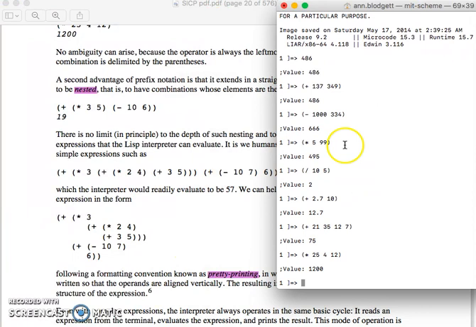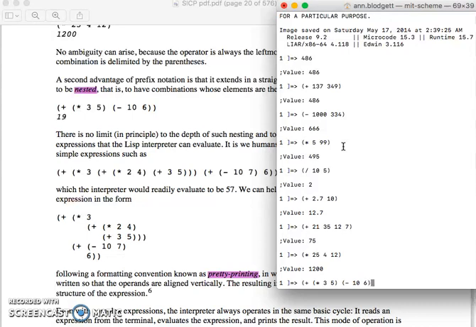So, we can do add with 2 elements, and the first element is itself multiply 3 and 5. And the second element is minus 10 and 6.